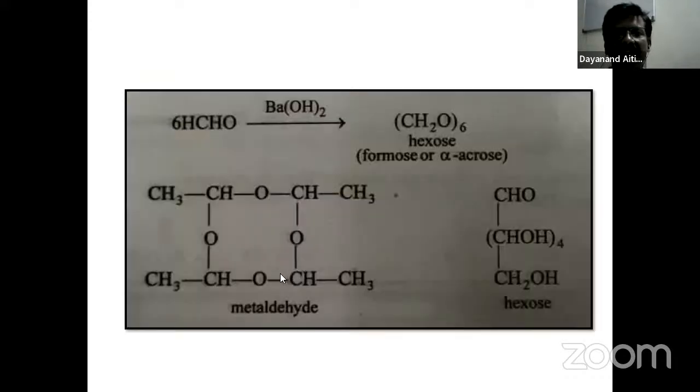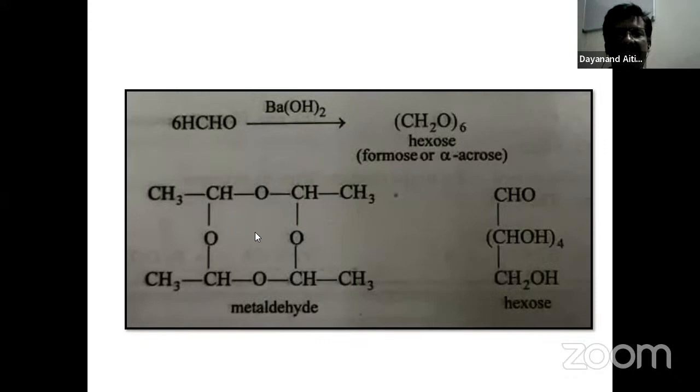It is called a white solid. Formaldehyde at room temperature forms trioxymethylene, metaformaldehyde. Acetaldehyde forms metaldehyde at high temperatures. It is called metaldehyde, and the other is called metaformaldehyde.